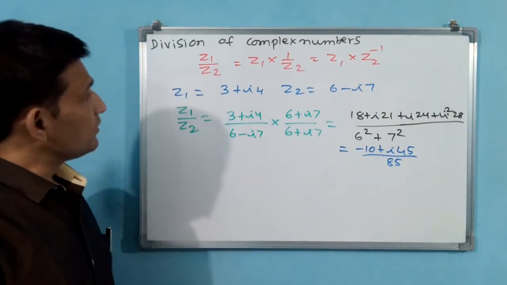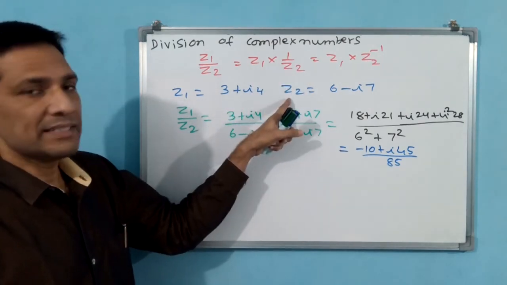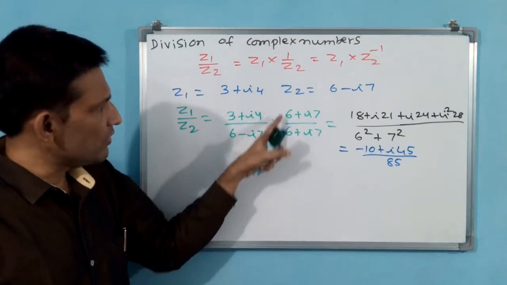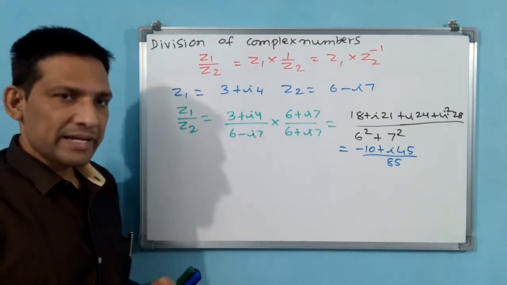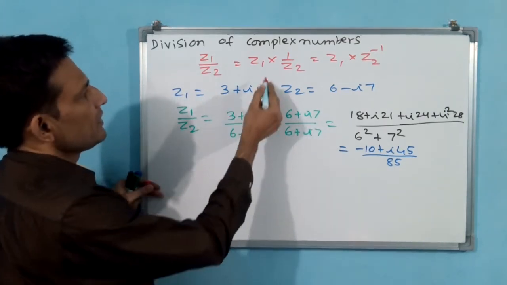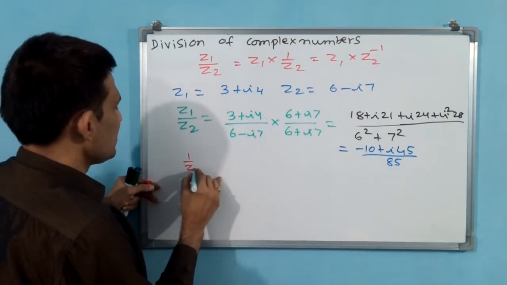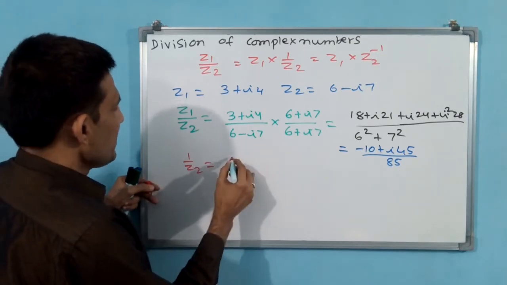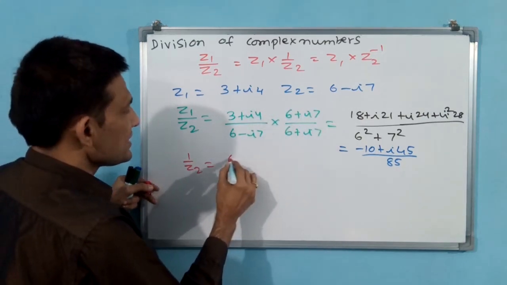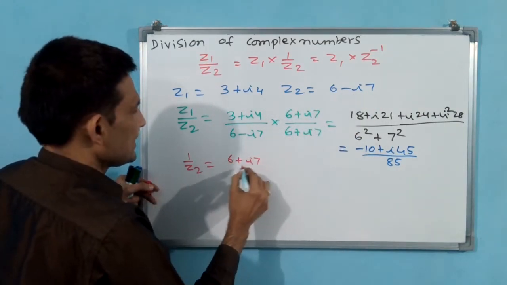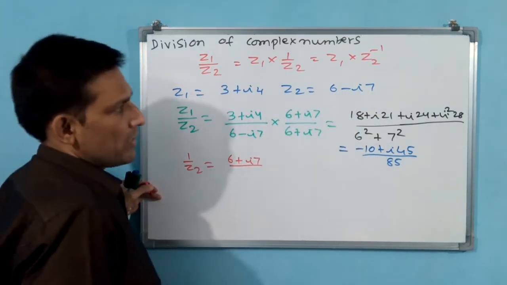As per this procedure, you should not touch the numerator 3 plus I4, you only have to do the rationalization. Or you can do it like this: if you take 1 by Z2, finally you have to multiply. 1 by Z2 means (6 plus I7) by (6 square plus 7 square).